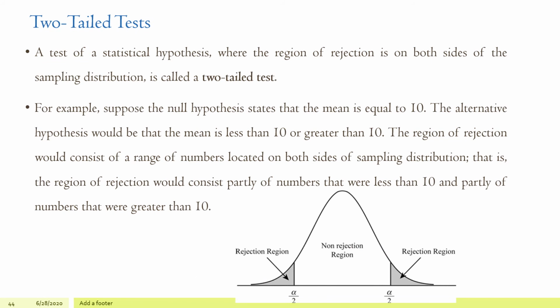Coming to two tail, a test of statistical hypothesis where the region of rejection is on both sides of the sampling distribution is called a two-tail test. Here the rejection is on both sides, here and here. For example, if you have invented a muscle protein powder, you don't know whether it will decrease or increase the girth of muscle.